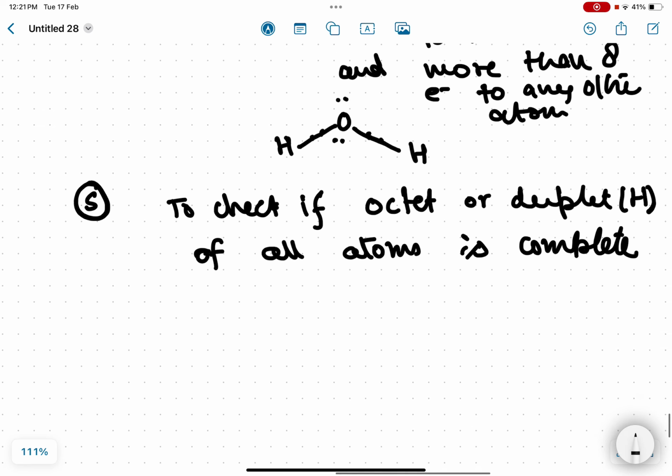In this case it is already complete. So if we see here 2, 4, 6, 8. So oxygen has 8 electrons in its valence shell. Hydrogen has 2, so its duplet is complete. So its final Lewis structure would be this.